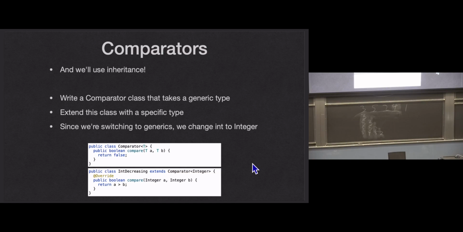We have 100% complete flexibility in the way we use these comparators. That's what we're after. And we won't fully get that until next Wednesday when we talk about binary search trees. Then we're going to use comparators and have that tree sort anything in any way. Gives us full flexibility, full power in how we sort anything that we want. Yes, we're just doing int decreasing here, but this is just a proof of concept.